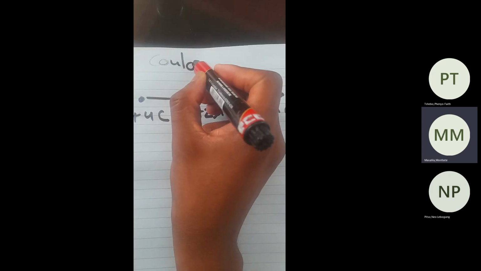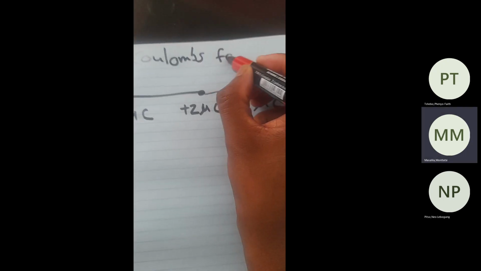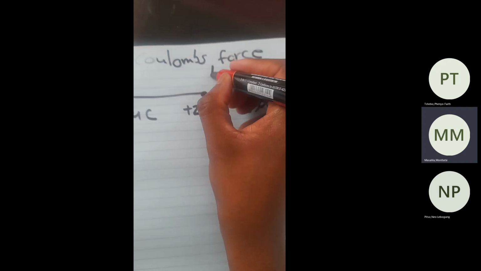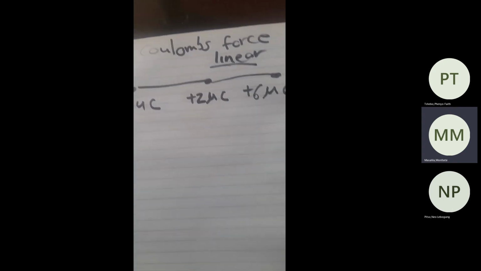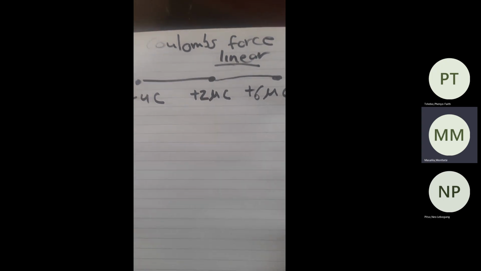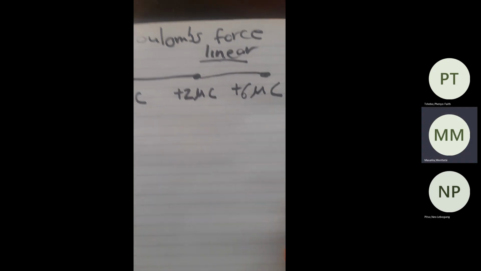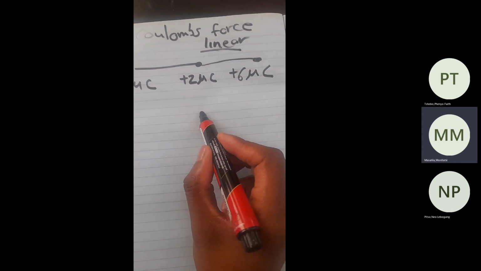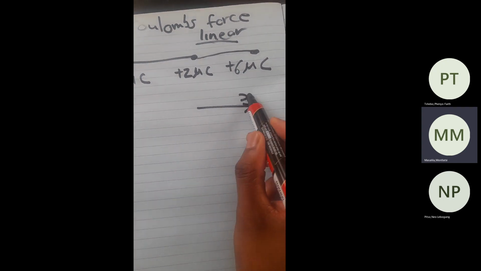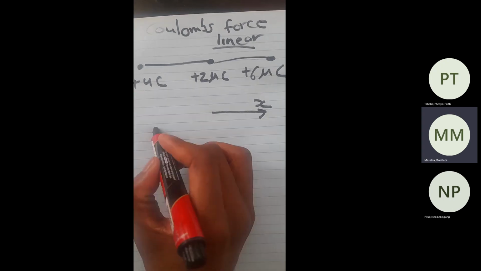Here we are calculating the Coulomb force in a linear format. Linear format whereby you involve one axis. When I say you involve one axis, you can involve your x-axis only, or you might involve your y-axis totally.